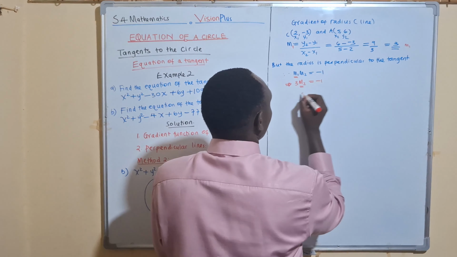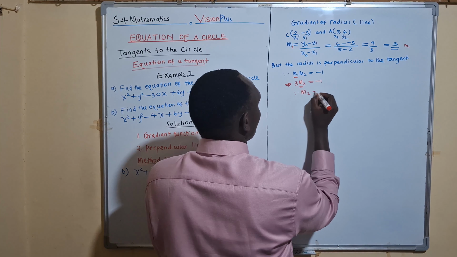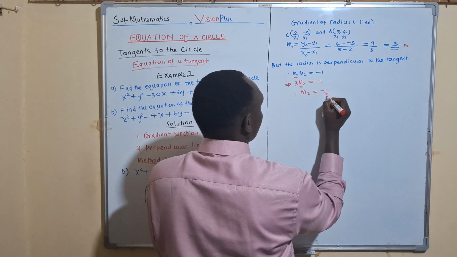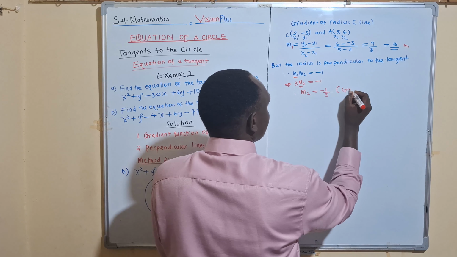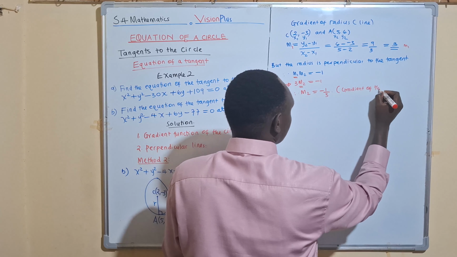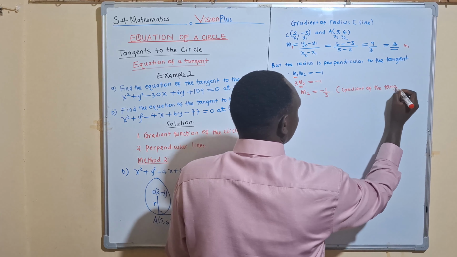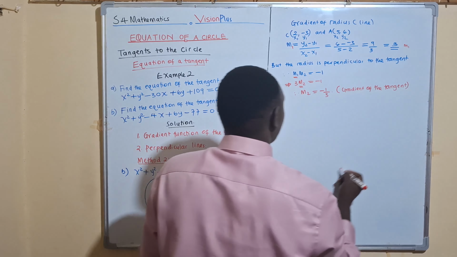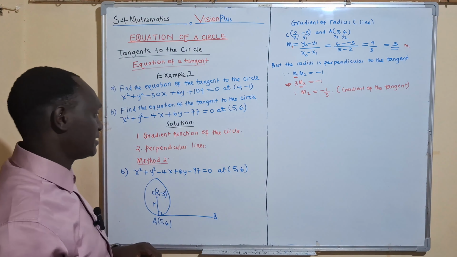Therefore, m2 equals negative 1 out of 3. This is now the gradient of the tangent.